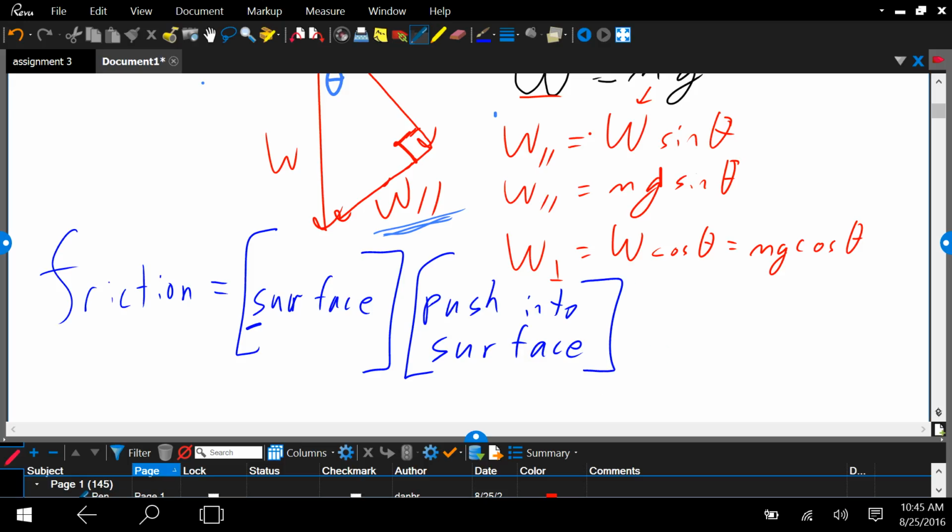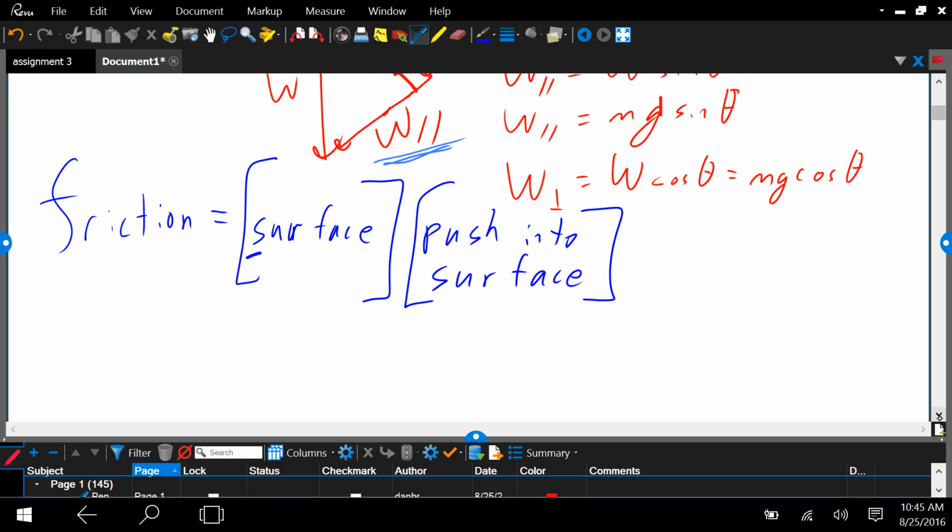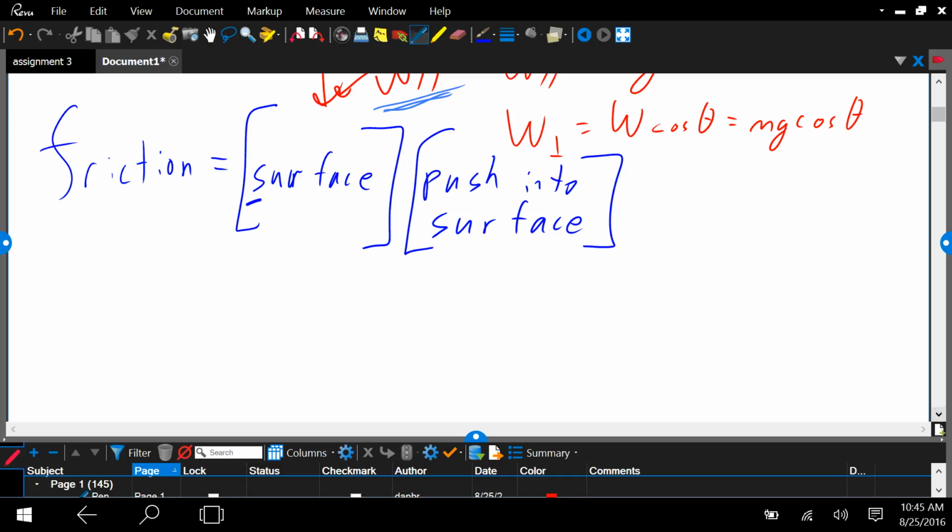Again, if you've had an introductory physics course, you've probably done that stuff. We'll do some labs in my class where we'll pull some blocks along with force probes and such, and we will discover some things about friction that we're writing down here in words right now if you haven't done it before. So the equation that we write for this is we write F, that means friction. And the surface is given a symbol like this.